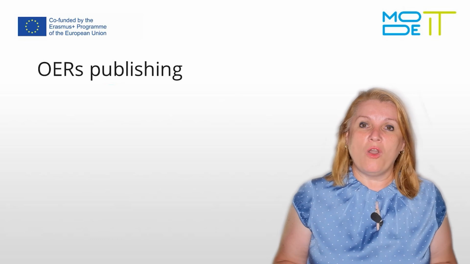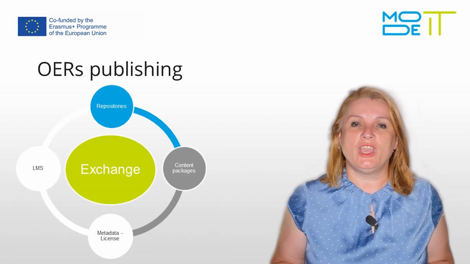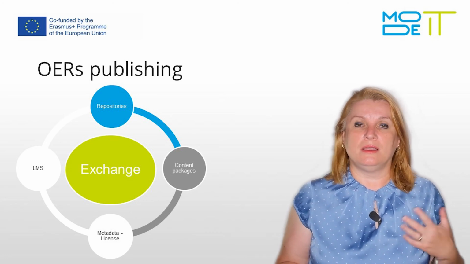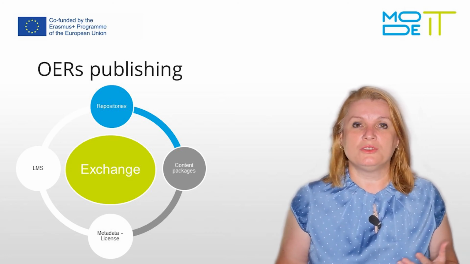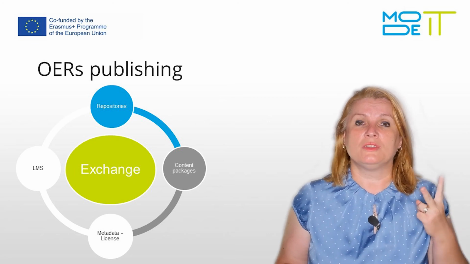When you know how to create an open educational resource, you create an exchange of open educational resources. Beside the repositories and the quality of the data, two pieces of information are very important.